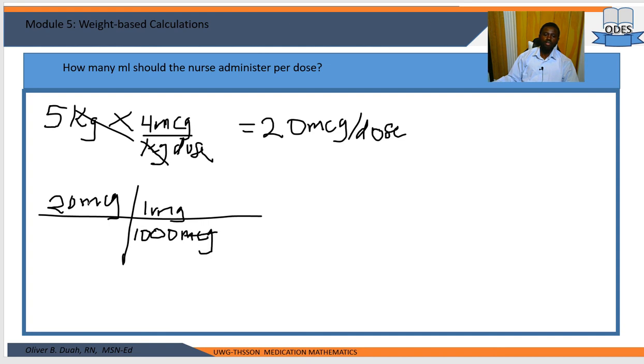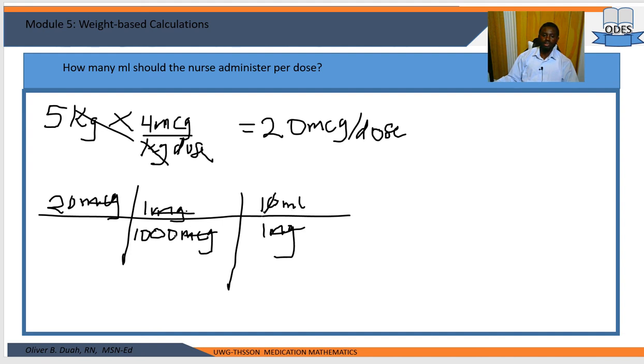So microgram will cancel microgram. And then what we have is medication that is 10 ml in each milligram. So milligram will cancel milligram, and our final answer is going to be in mLs.